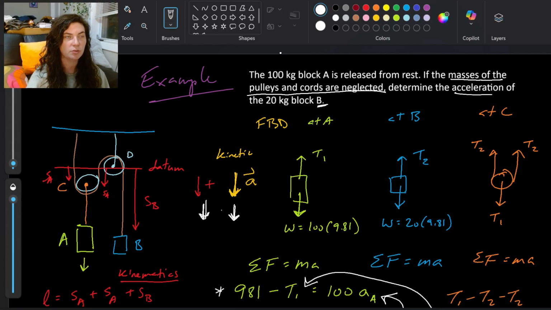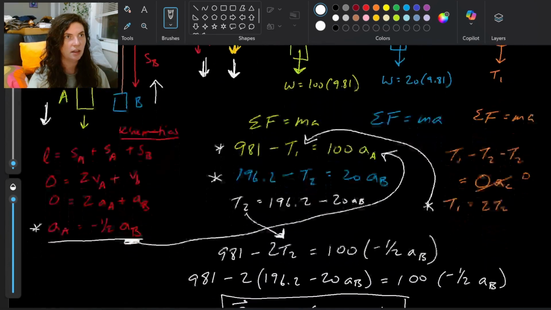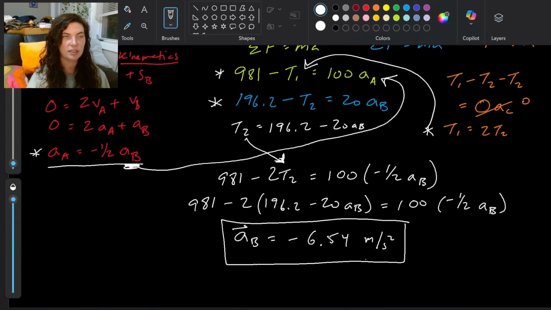So positive direction was down. We assumed everything was accelerating in the positive direction, but B is not. B is actually going to be shooting up while A is moving down, right? A is much heavier than B, so it's going to want to move downwards while B is being forced upwards. So it tells us that our B is accelerating upwards, negative 6.54 meters per second squared.